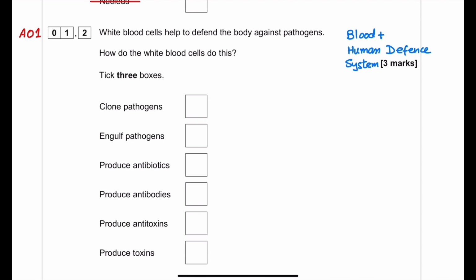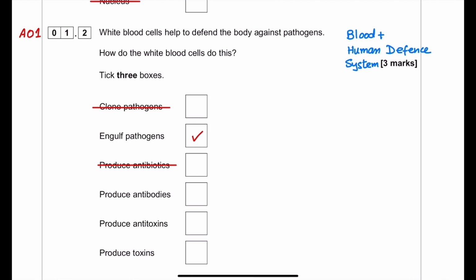White blood cells clone the pathogens. No, they don't help the pathogens. White blood cells engulf the pathogens. Yes, it's the correct option. White blood cells produce antibiotics. No, they don't produce antibiotics.